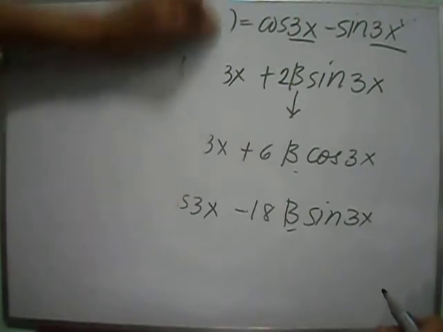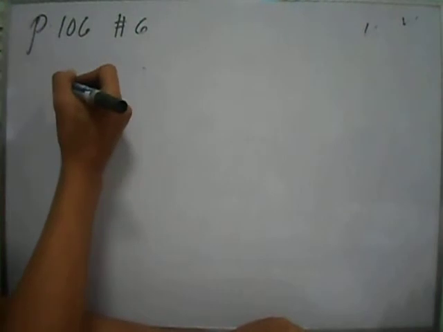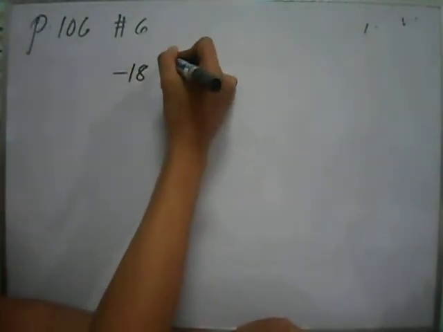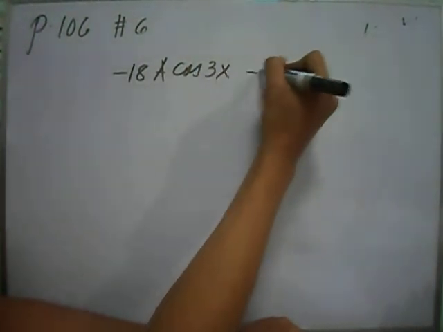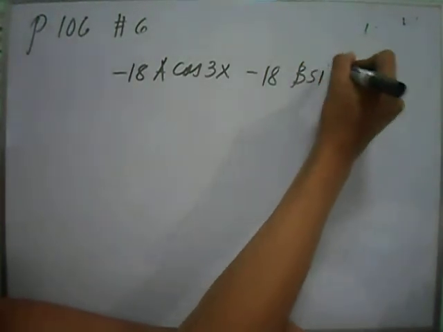And then we'll have this one. We have our y double prime, which is minus 18a cosine 3x minus 18b sine 3x.